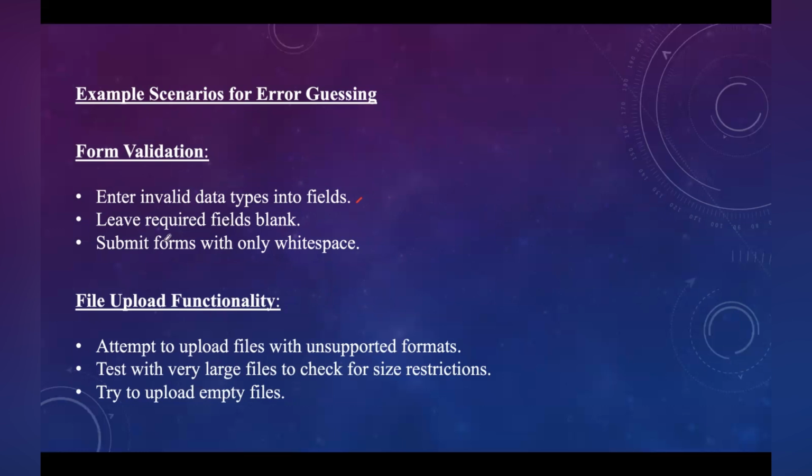What is an invalid data type here? Say instead of a string, you give numbers in the field, or instead of an integer value, you provide a string. Say if it is an employee ID field, then you should provide only an integer value. If you give a string for employee ID, it will generate an error, right?